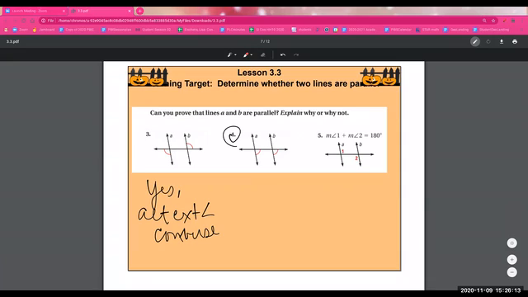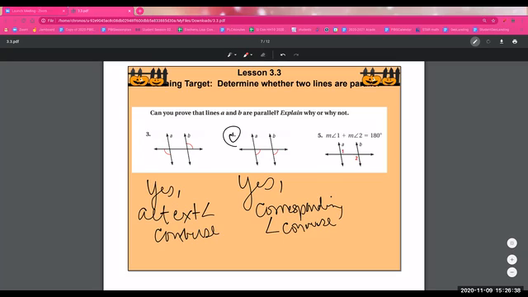Next one, you look and say, okay, what kind of angles do we have? Well, these are corresponding. So you would say yes by the corresponding angle converse. And that's a postulate, but we won't worry about that. So converse is the word we need to use to show that lines are parallel. Lastly, it says angle 1 and angle 2. It doesn't say they're congruent.